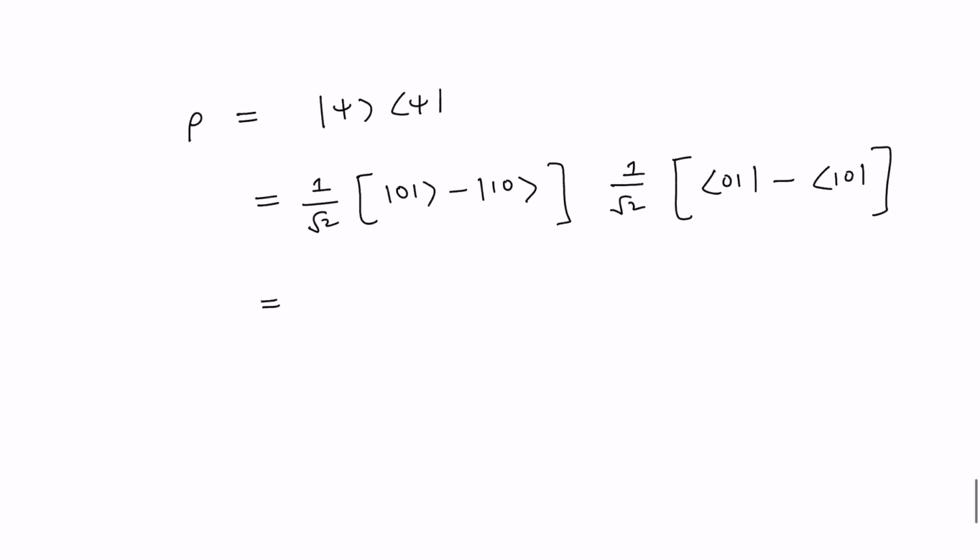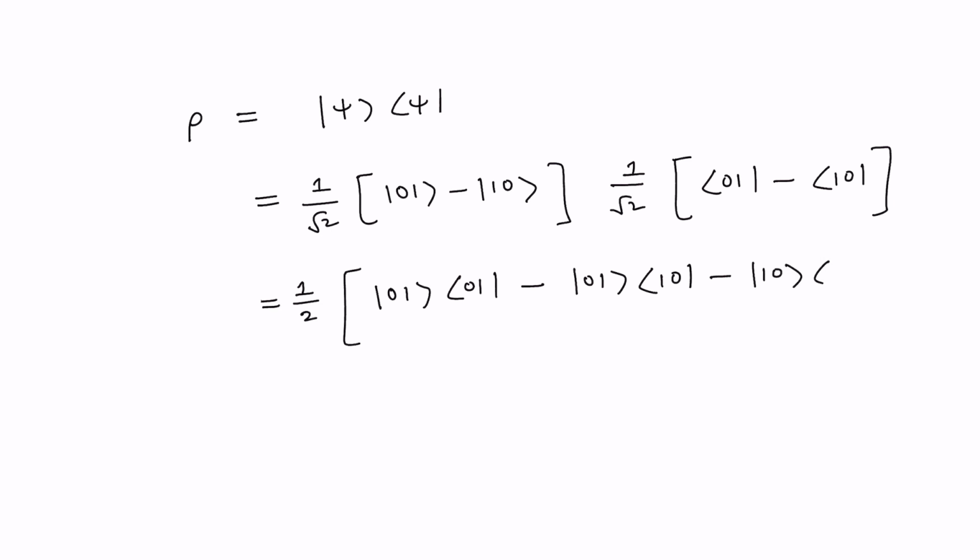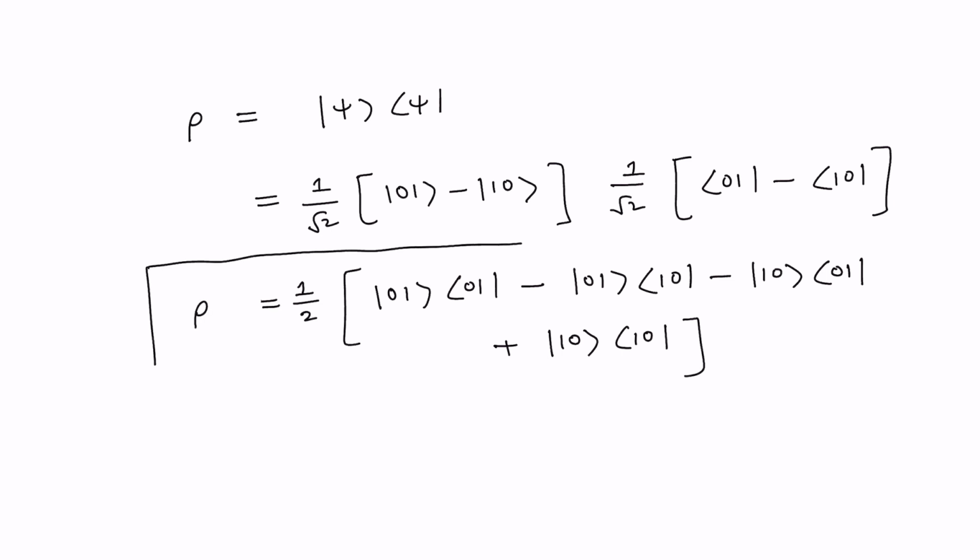If I open it up, I will get 1 half here, and then inside I will have ket 01 bra 01 minus ket 01 bra 10 minus ket 10 bra 01, and then finally I have ket 10 bra 10. These calculations are very easy to follow, I hope you are following it. Okay, so this is the density operator for the composite system.